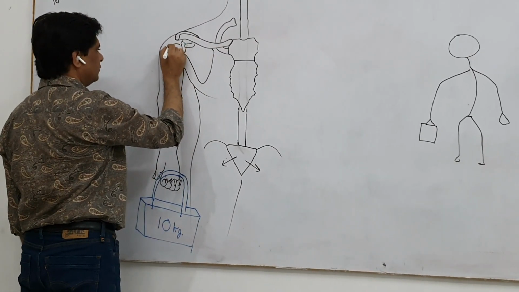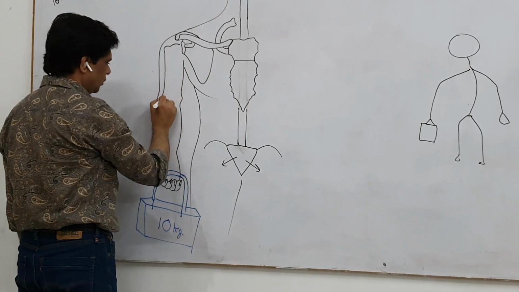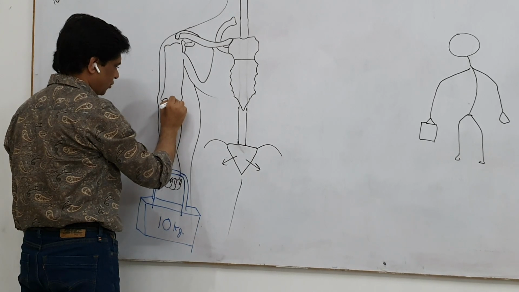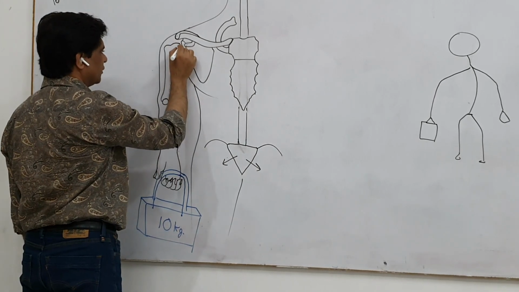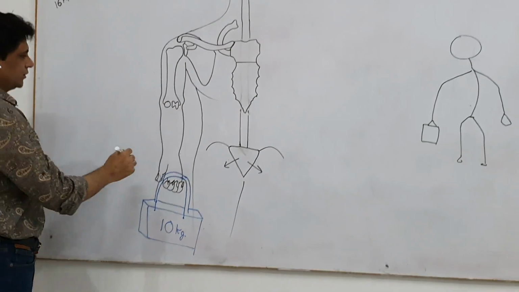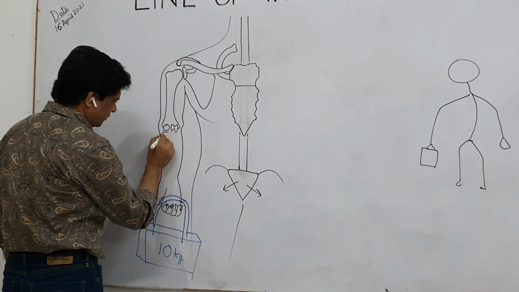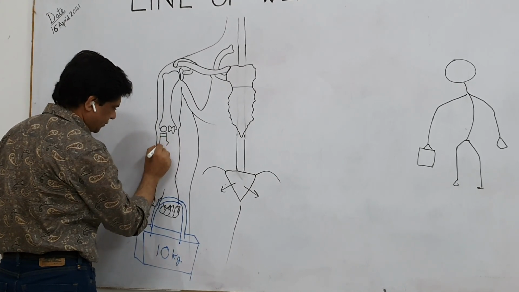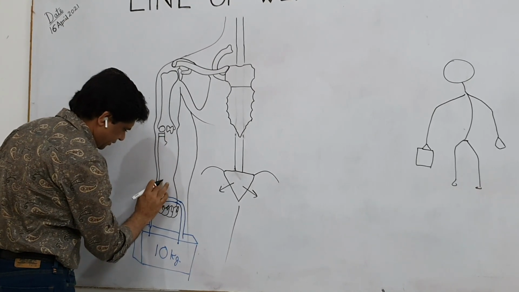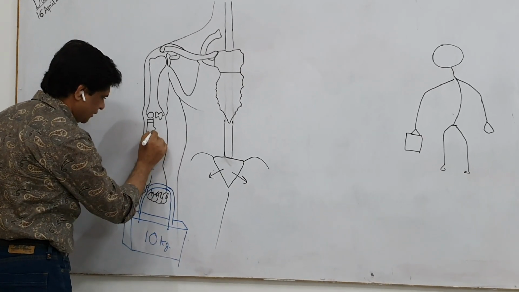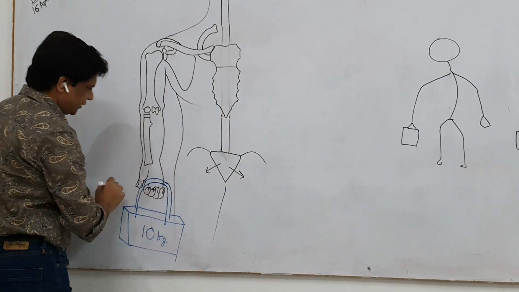And here you have the humerus, the capitulum and trochlea, like this. And here you have the radius. Remember, the radial styloid process is more distal, like this.